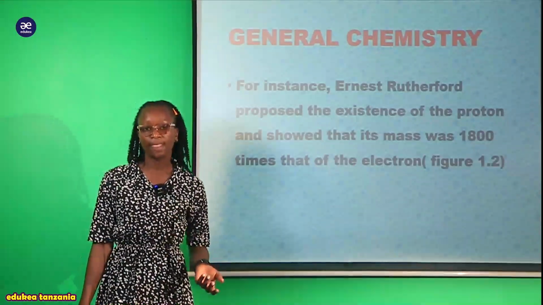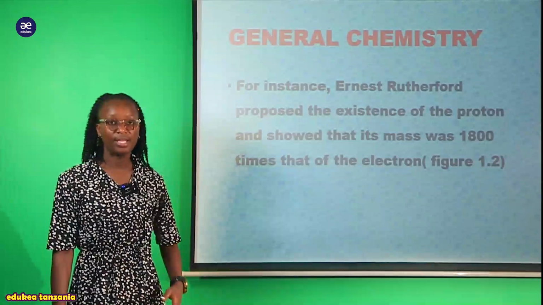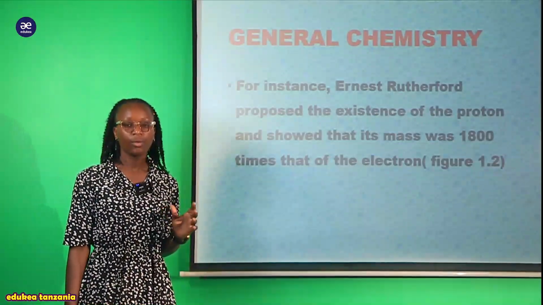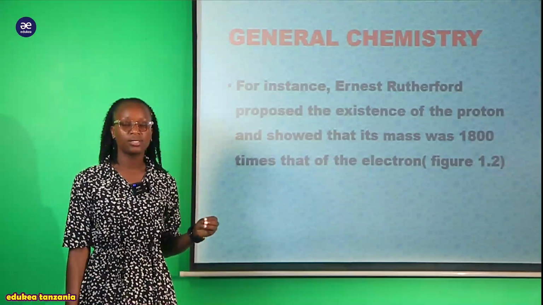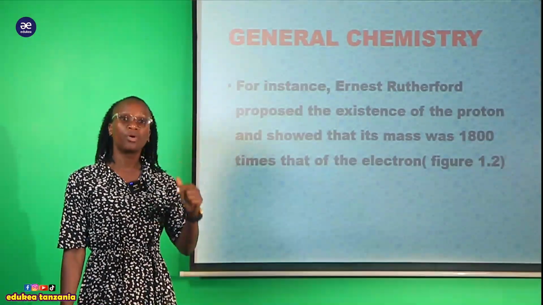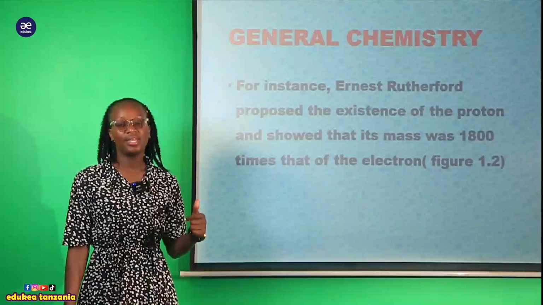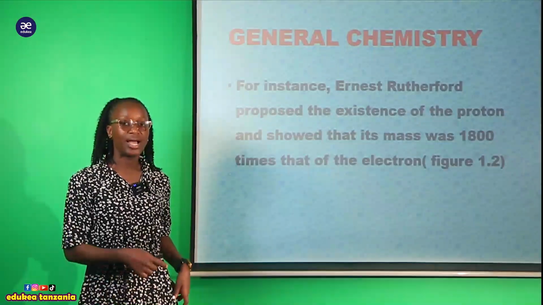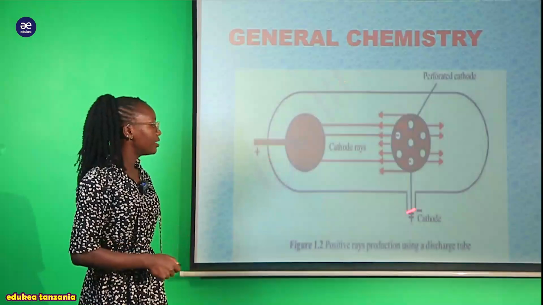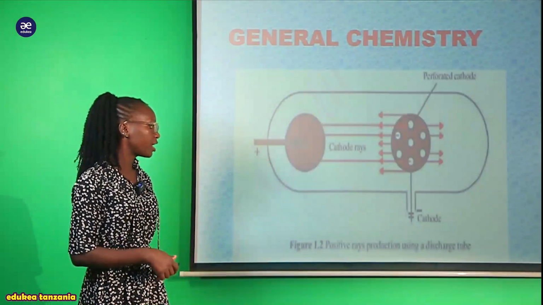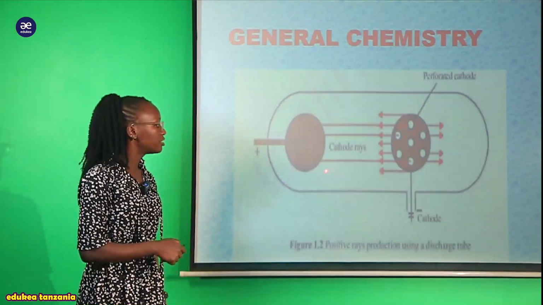Sasa Rutherford ndiye alikuja na hii accepted proposal kwamba yeye alikuja na hii idea concept ya protons, akasema kwamba mass of the protons ni 1800 mara ya the electron, is larger than the mass of the electron. So this is the discharge tube ambayo inaonyesha production of the positive rays.